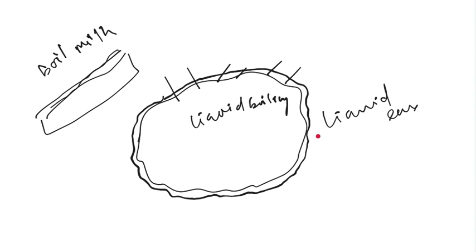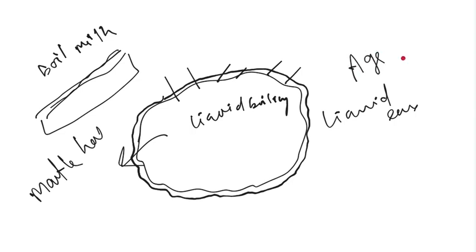The crust is continuously forming and breaking, but the mantle has not fractionated. Or you can say the age of the core is estimated to be 1.5 billion years only.